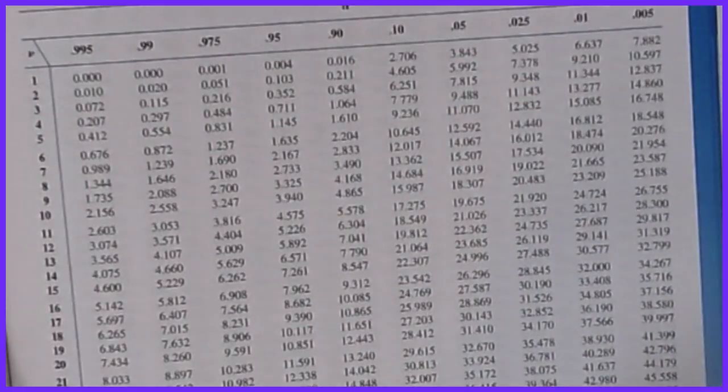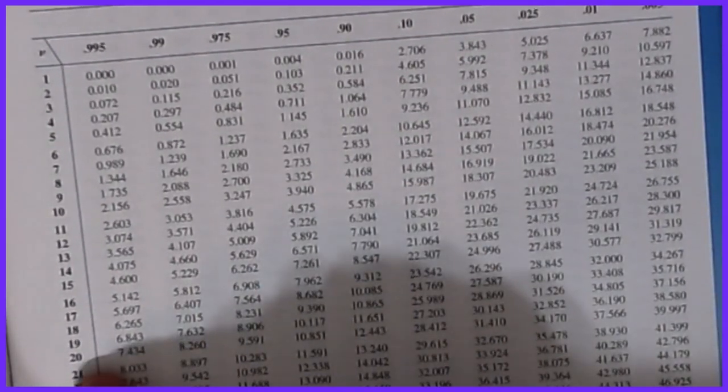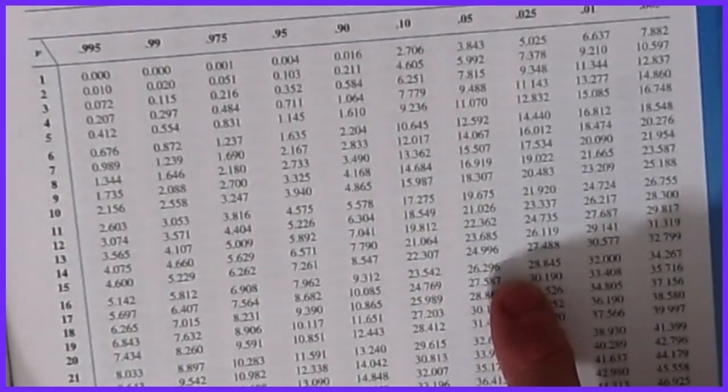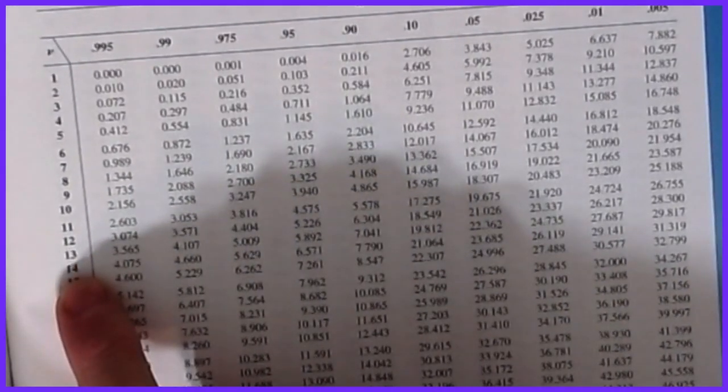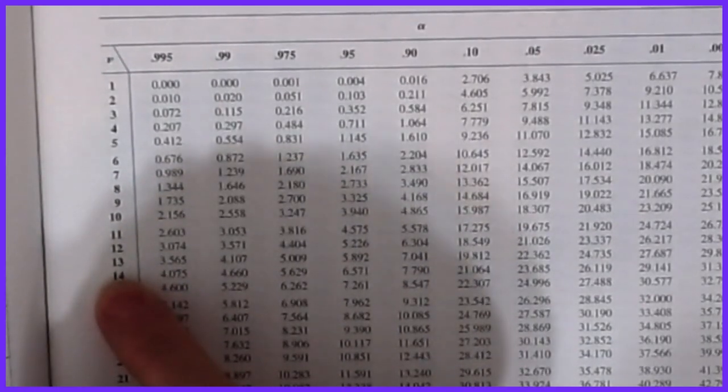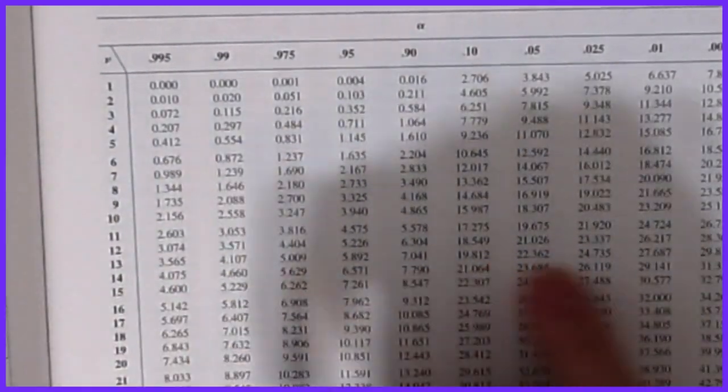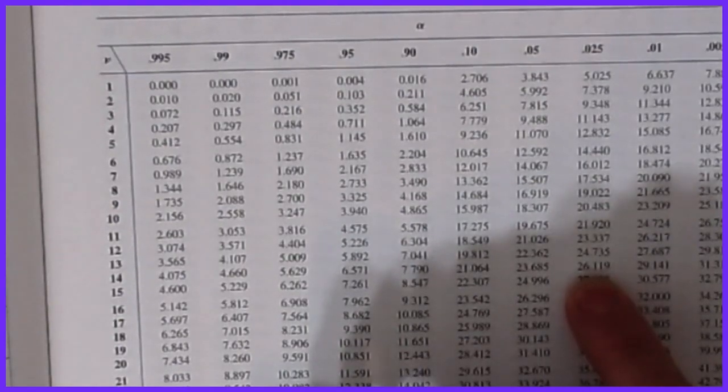Make sure we get the parameter right. It should be 14, because n equals 15 tells me nu is 14. Then I go to my 0.025. There it is, 26.119. That's the number.